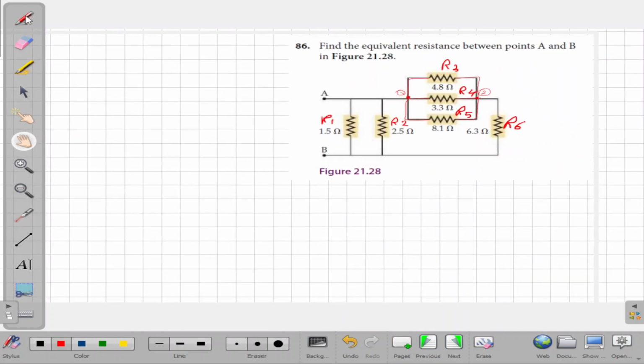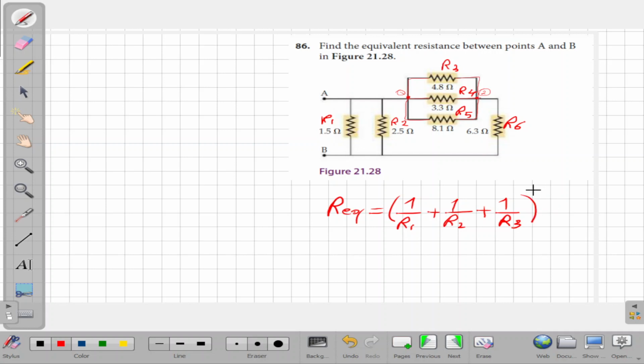We know that for resistors in parallel we can apply this relation, but in this case we have more than two resistors, so we cannot apply this formula. We need another formula suitable for this case. R equivalent is equal to 1 over R1 plus 1 over R2 plus 1 over R3, all to the power minus 1.